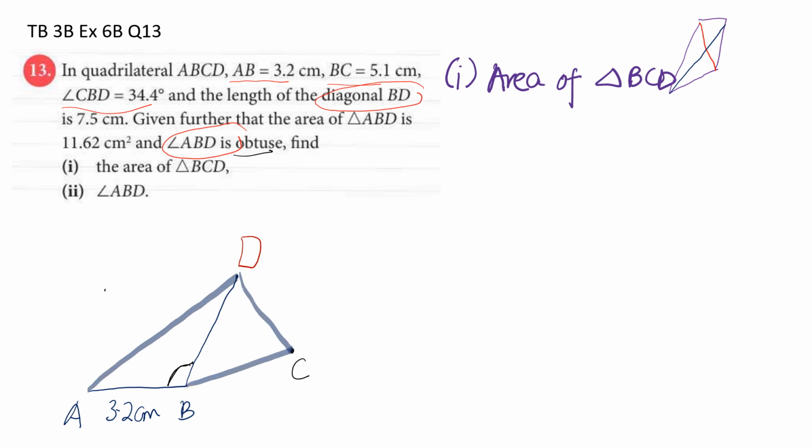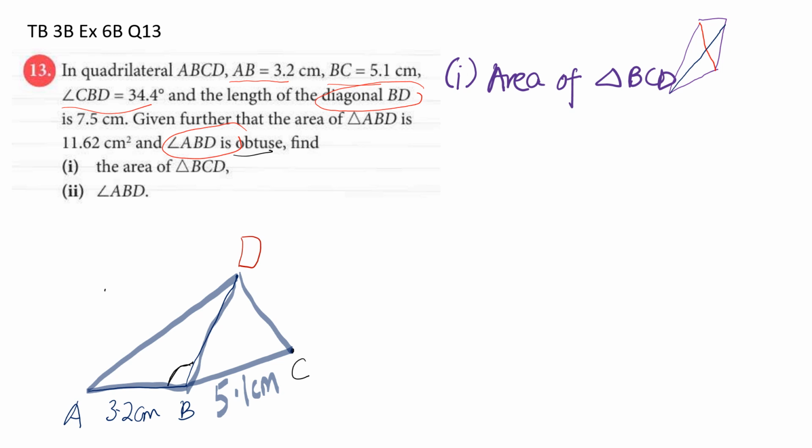All right, so now we can join all the lines and put in the information given. You're given AB is 3.2 cm, BC is 5.1. Angle ABD is obtuse. And angle CBD is 34.4.